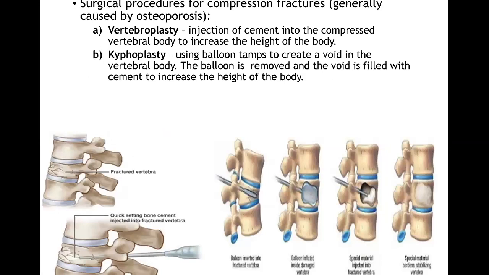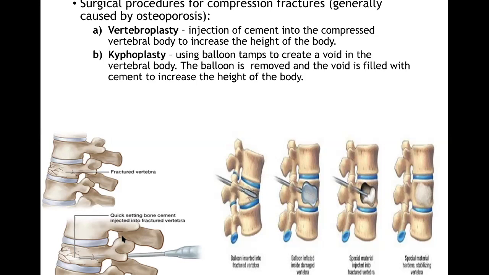And then finally, we talk about a vertebroplasty and a kyphoplasty. These are the procedures that are generally used for patients with osteoporosis that get those compression fractures that we talked about before. It can be a vertebroplasty, which is the bottom left-hand corner.